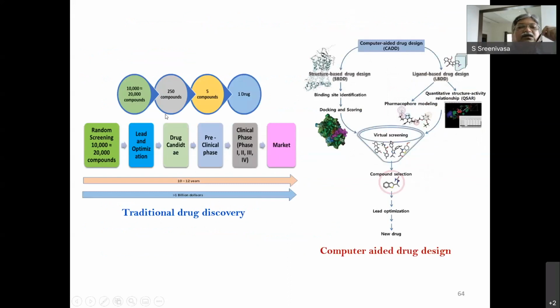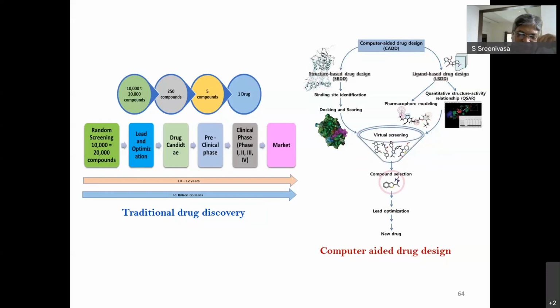Generally, how does drug discovery take place? In the normal process of drug discovery, initially 10,000 to 20,000 compounds are synthesized in the laboratory, and these compounds are randomly screened for different properties: antibacterial, antifungal, analgesic, anthelmintic, antipyretic, whatever the disease is. We test all of these molecules.